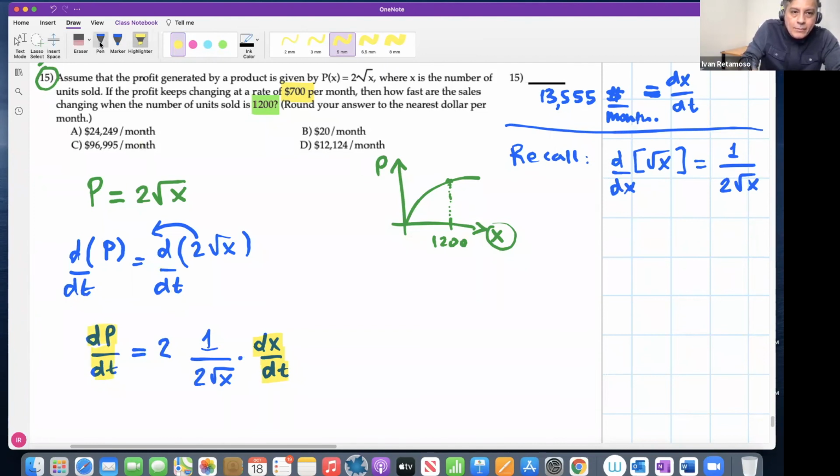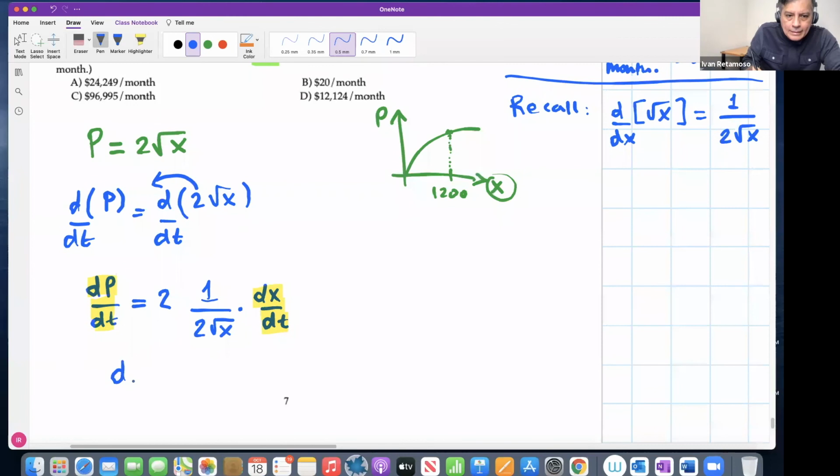In simplified form, you can see that the rate of change of the profit is 1 over square root of X times the rate of change of the level of production, right? Now notice, if you graph this, it's no longer increasing, right? It's something decreasing, I would say.